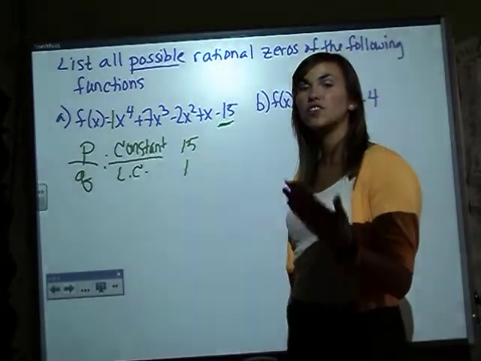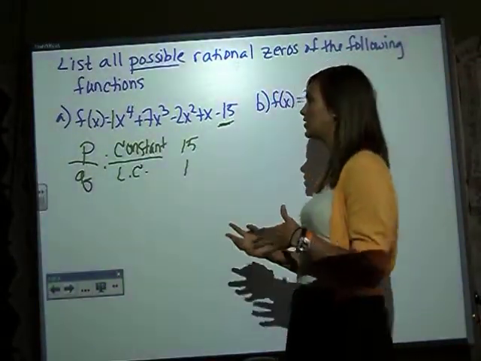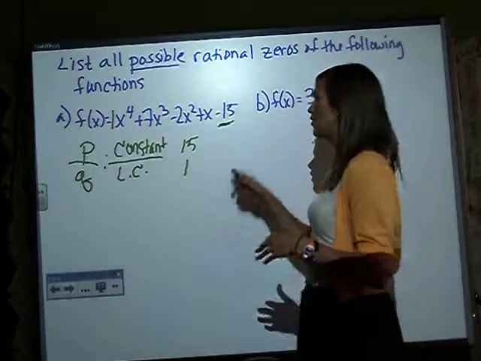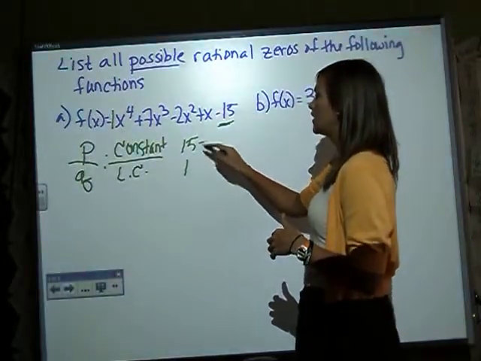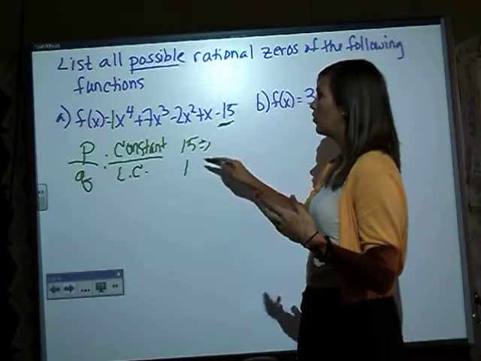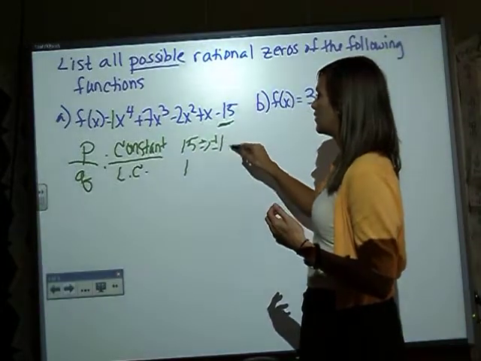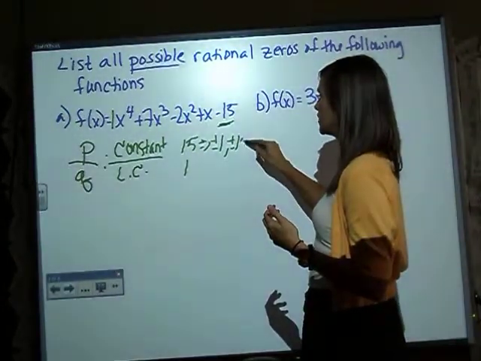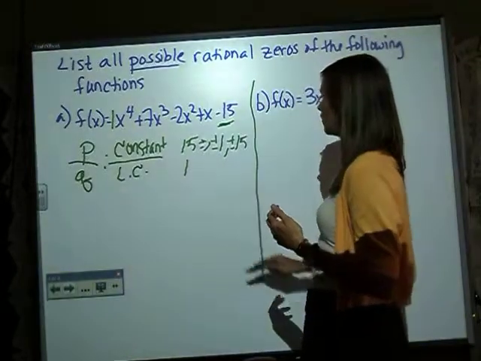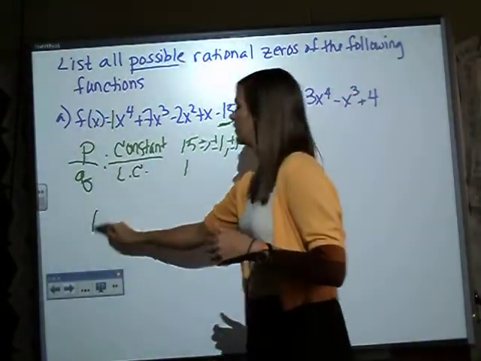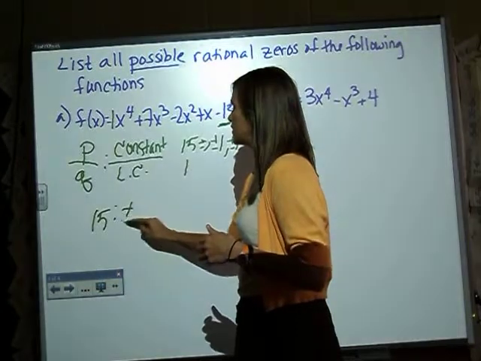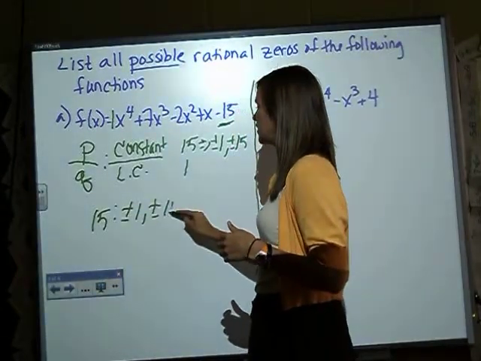Okay, now we have to list factors of these. And as you list factors, you want to take into account the positive and negatives of both. So with 15, to get 15, we can either have 1 times 15, so plus or minus 1, plus or minus 15. So 15 is plus or minus 1, plus or minus 15.